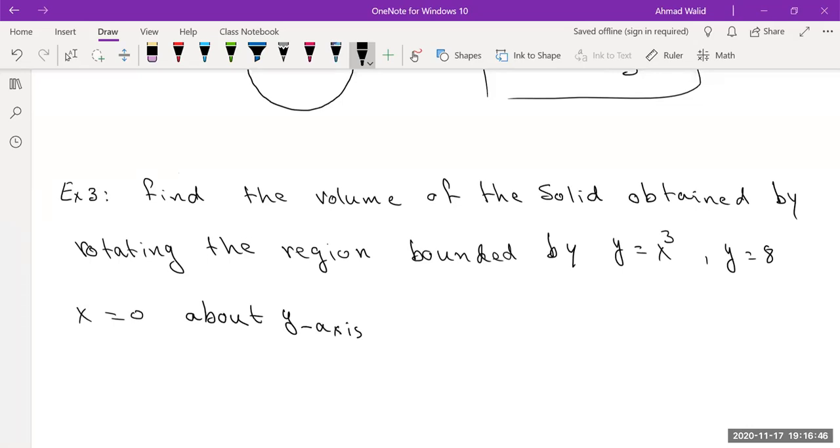We did about the x-axis. Now we rotate this function y equal x cubed about the y-axis, and we try to find the volume of that solid shape.